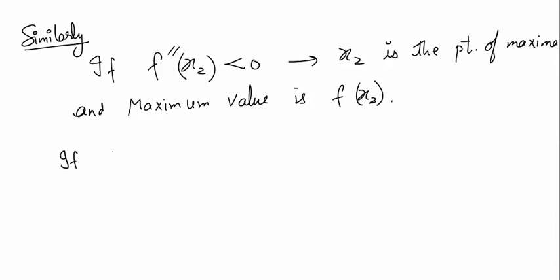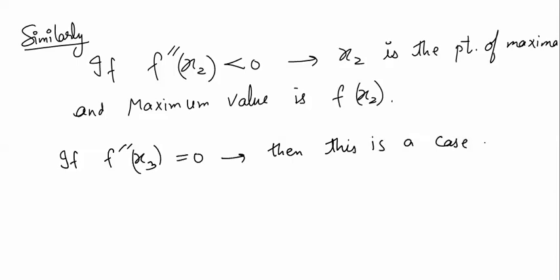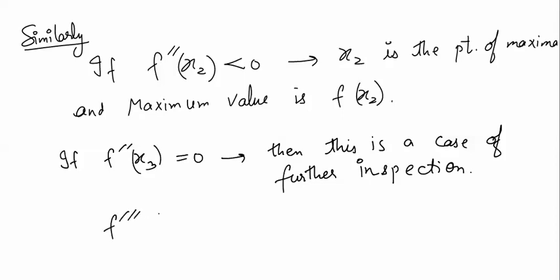If f double dash x3, let's say, is equal to 0, then this is a case of further inspection. Case of further inspection, and we will find out the triple derivative.